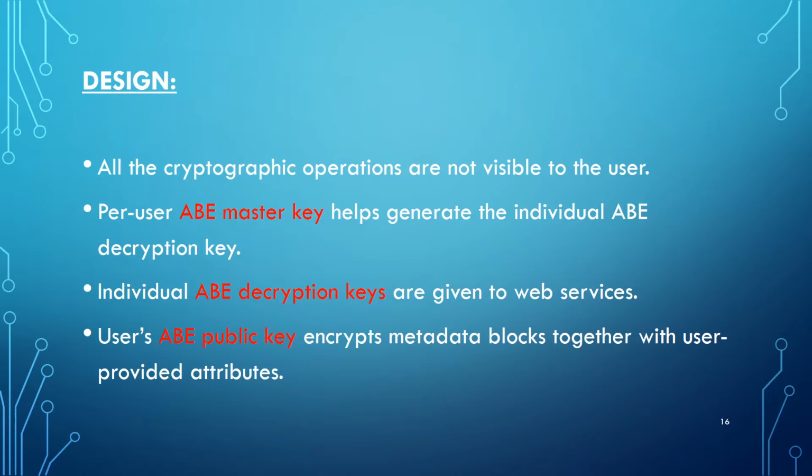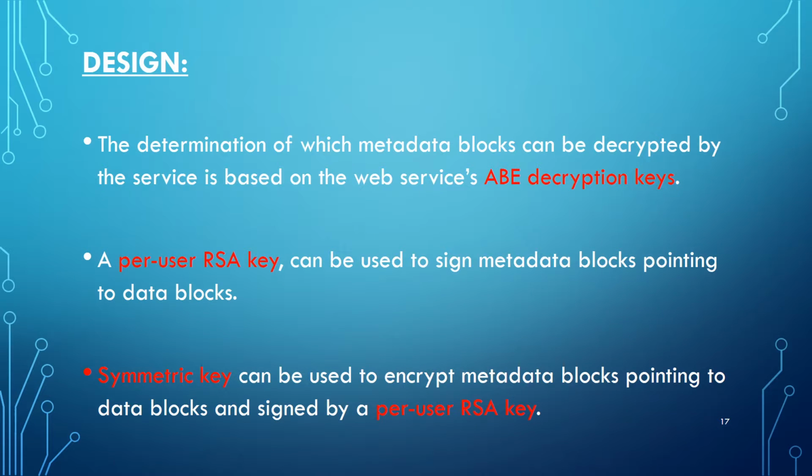You're going to deal with the ABE attributes. The determination of which metadata blocks can be decrypted by the service is based on the web service ABE decryption key, since you provide it for them, as I mentioned before. You provide the web service the ABE decryption keys.